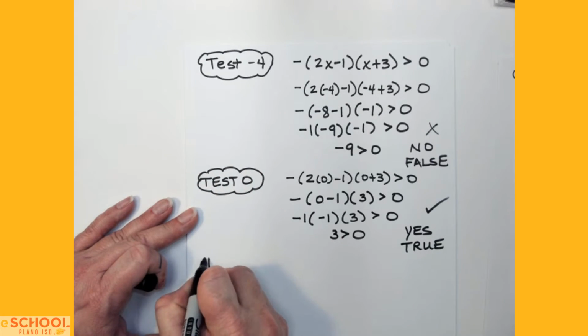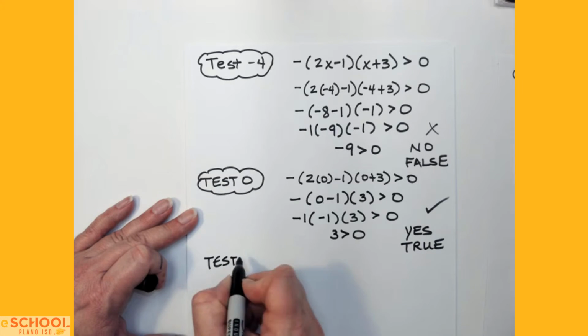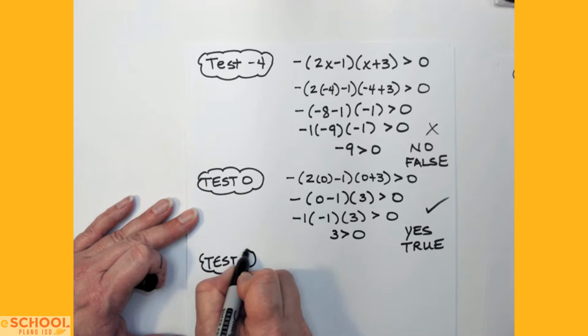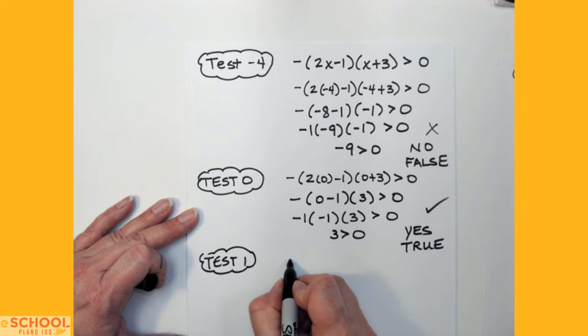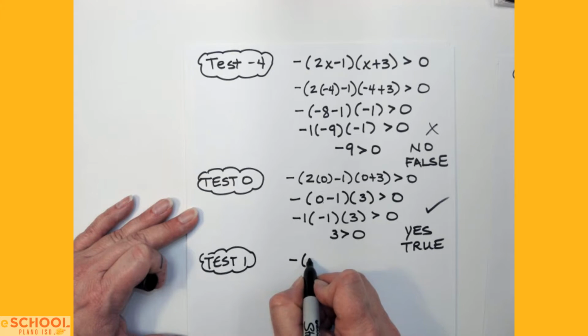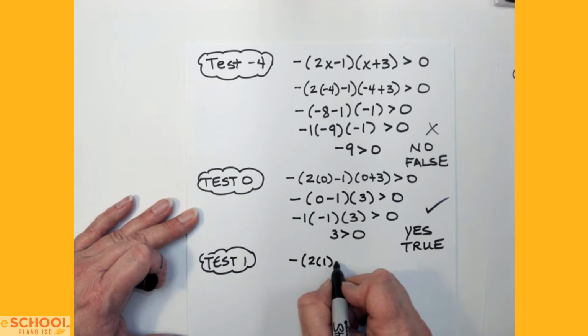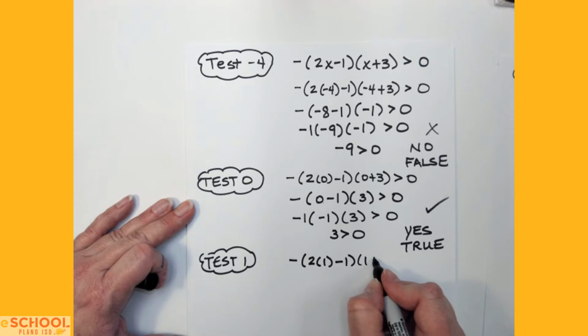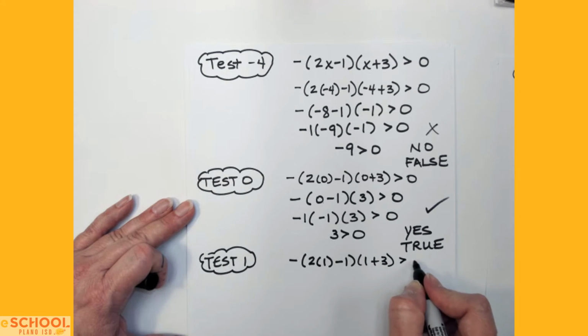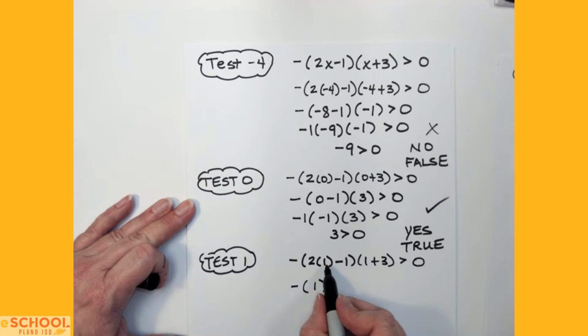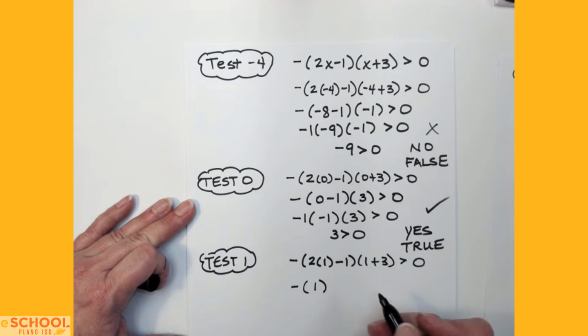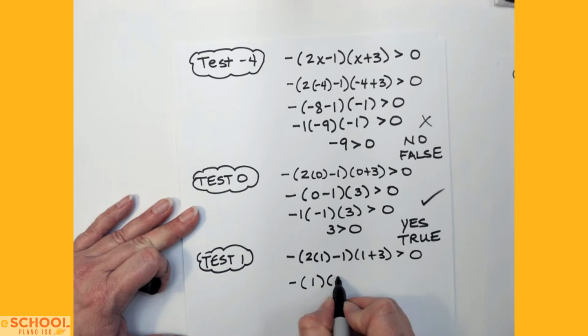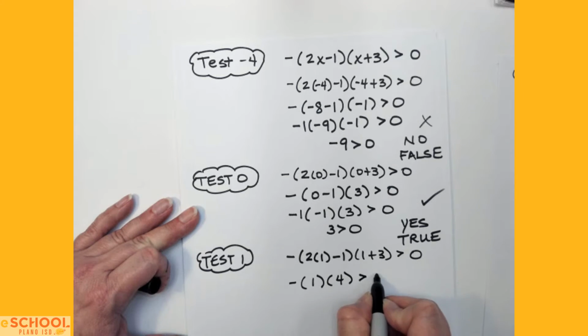Let's test 1. So I'm plugging in 1 everywhere I see x. 2 times 1 minus 1 times 1 plus 3. Is that greater than 0? 2 times 1 is 2, and then 2 minus 1 is 1. 1 plus 3 is 4, greater than 0.